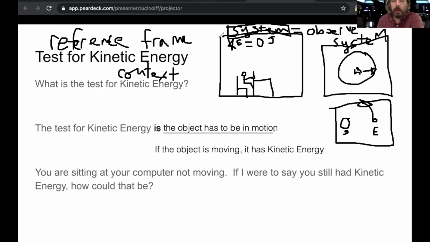In this system, our context is just the room and the things around you. We're not considering outside factors, only the things inside what we're observing. But it's different than this system. They're not the same system.